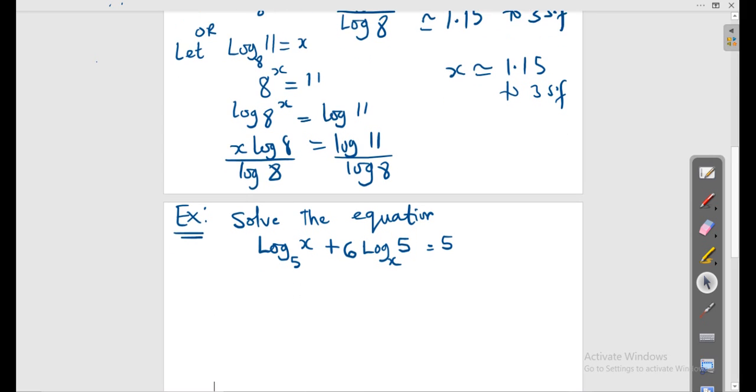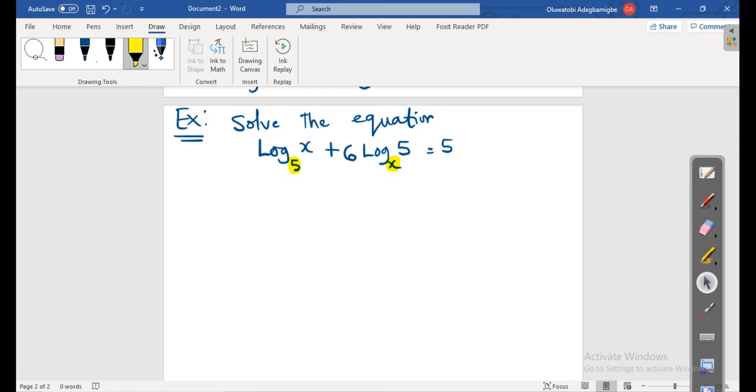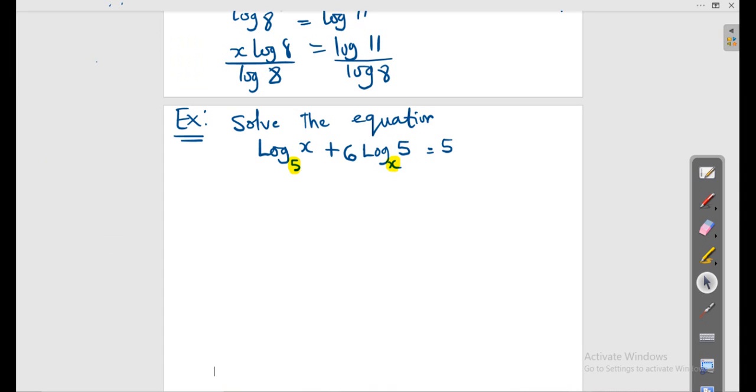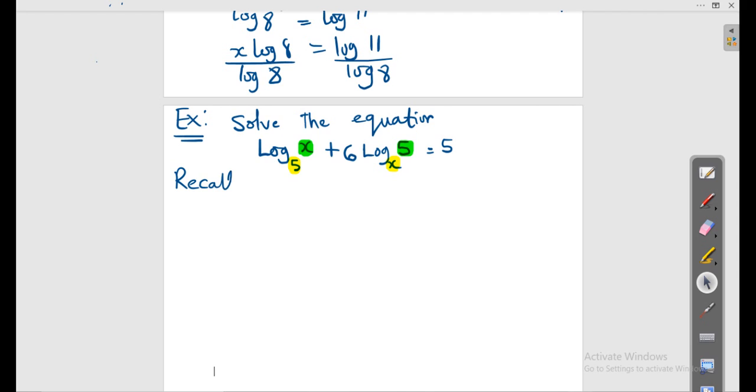You will observe something critically here. This is base x, this is base 5. Another thing you will observe is this is log x, this is log 5. They are switched around. So recall that log 5 base x is the same thing as 1 over log x base 5.